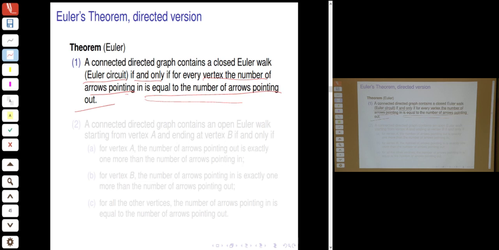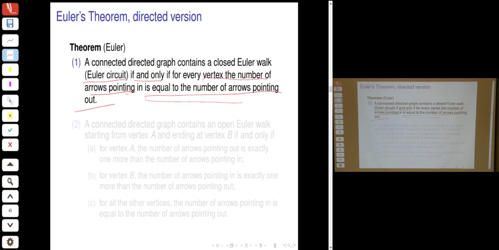So if you again do the same argument of following the arrows and looking at the visits of your Euler circuit at the vertex C, you will realize that every time you enter the vertex C, you have to exit the vertex C. So the total number of edges at the vertex C which have arrows pointing towards C, these are all the entry edges, must be equal to the total number of edges at the vertex C with arrows pointing away from C, because these are all the exit edges.